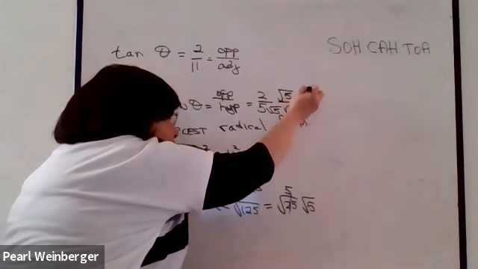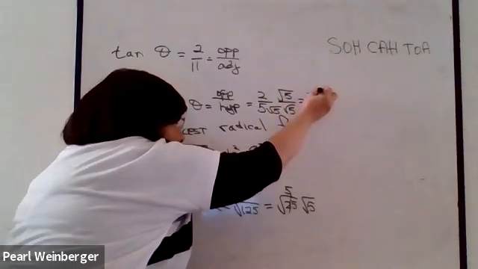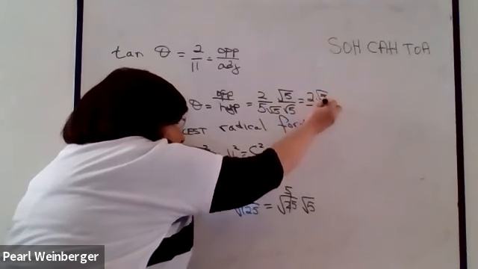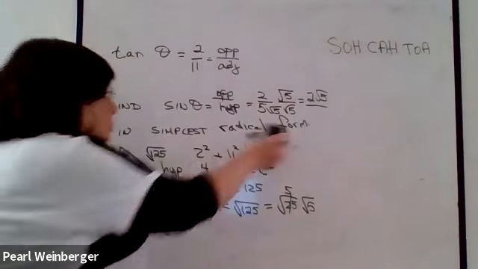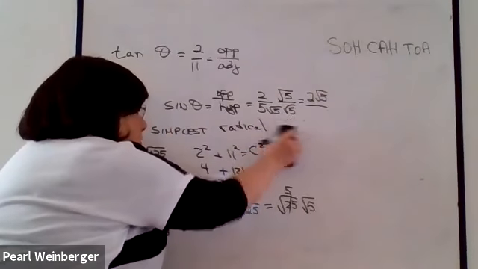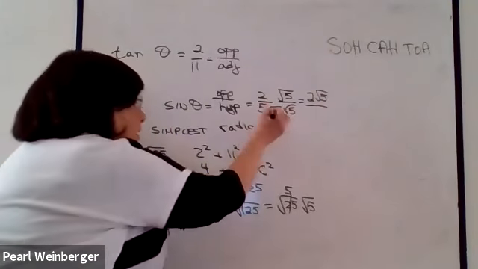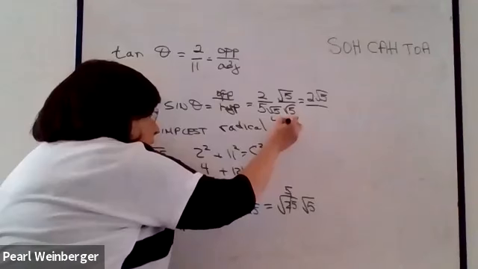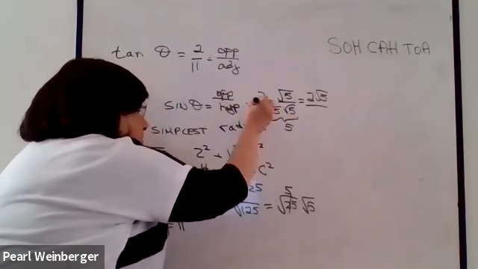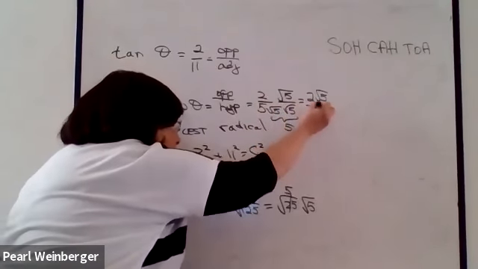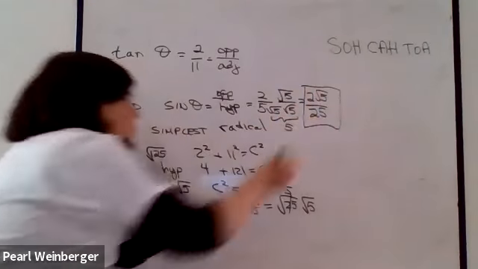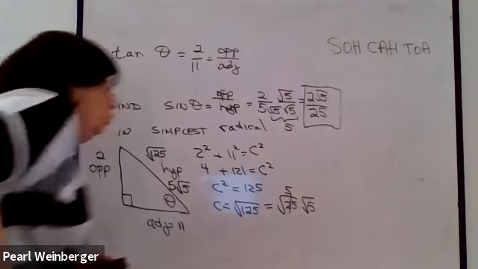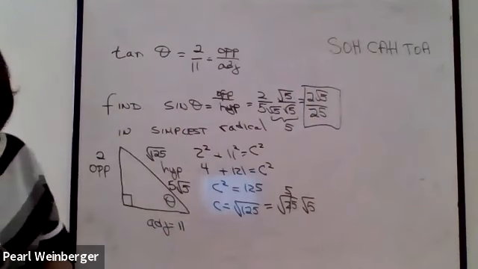This gives me 2 radical 5 on top. Radical 5 times radical 5 becomes 5, and 5 times 5 is 25. So in simplest radical form, the answer is 2 radical 5 over 25.